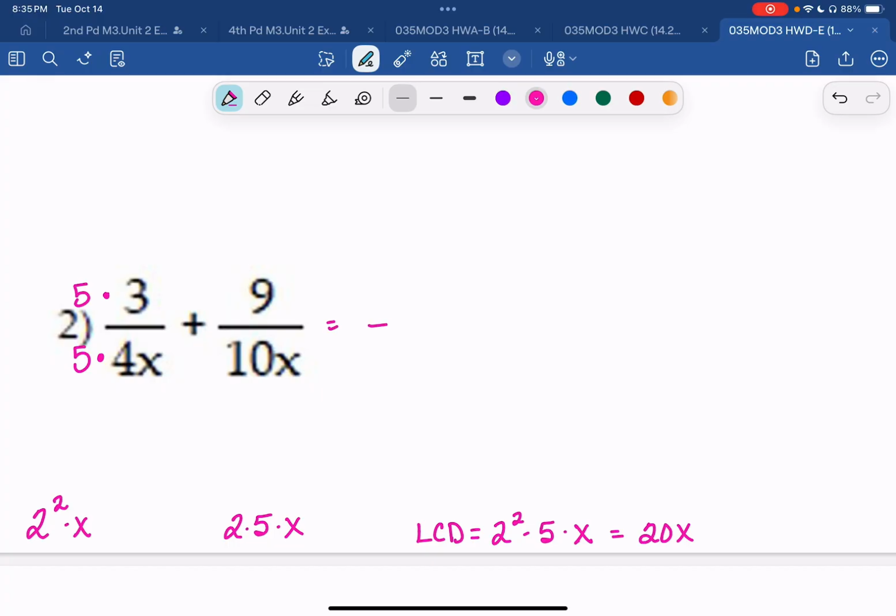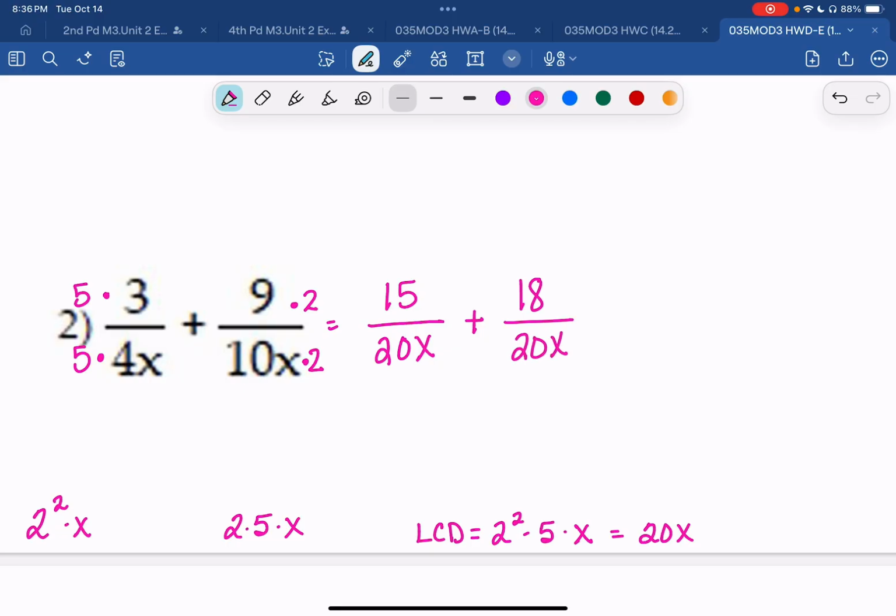Okay, so let's see if that worked. So 5 times 3 is 15, and that's going to be 5 times 4, 20x. Okay, let's do the same thing to the second one. So I need to multiply this by 2. So that's going to become 18 over 20x.